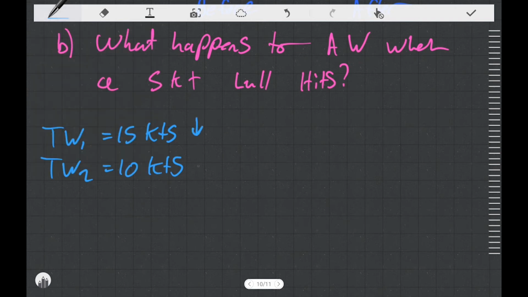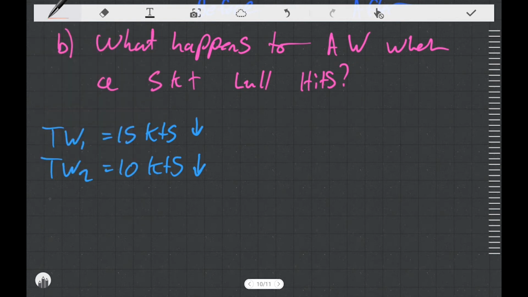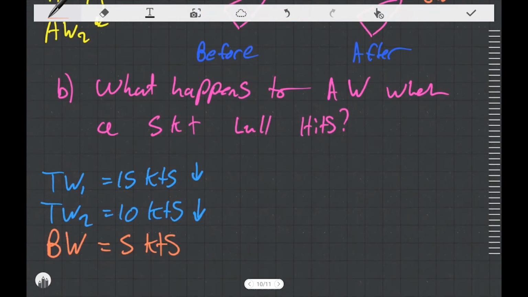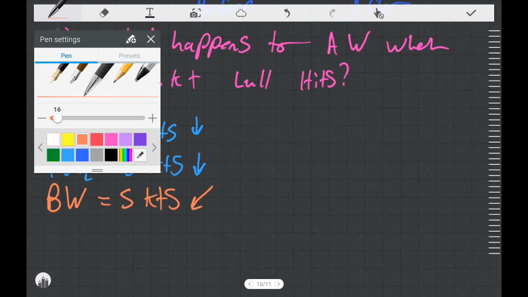Remembering that the wind is blowing straight down the page. The boat wind, just like in the previous example, is going to be 5 knots. And we're going to assume that because we're still on close hauled, the boat wind is blowing back in this direction.